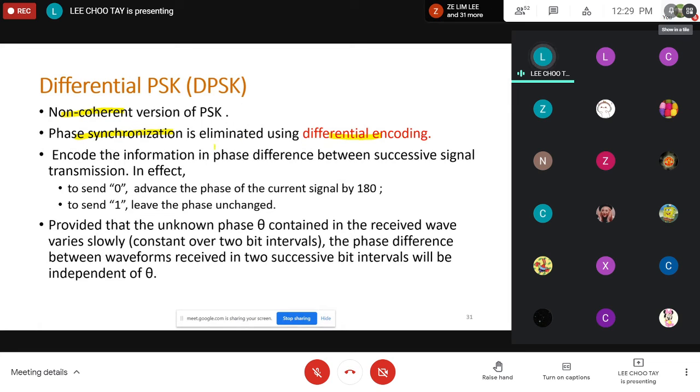So what does differential coding mean? We encode the information in the phase difference between successive signal transmissions.